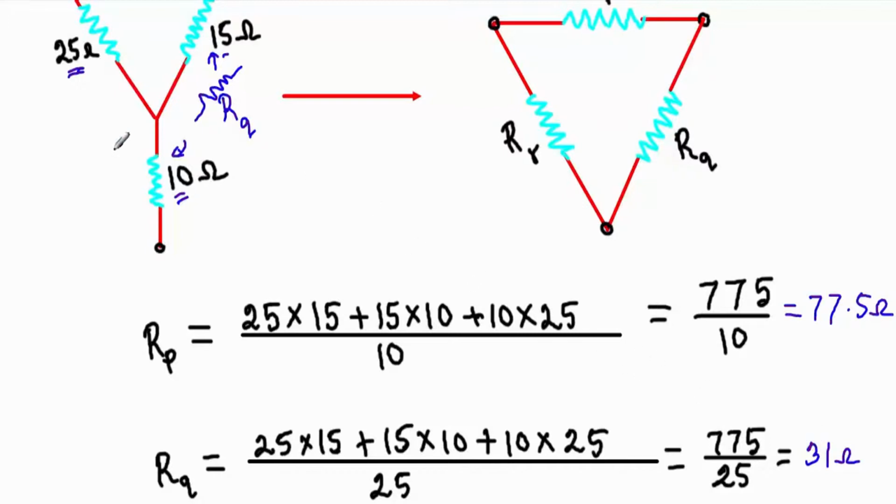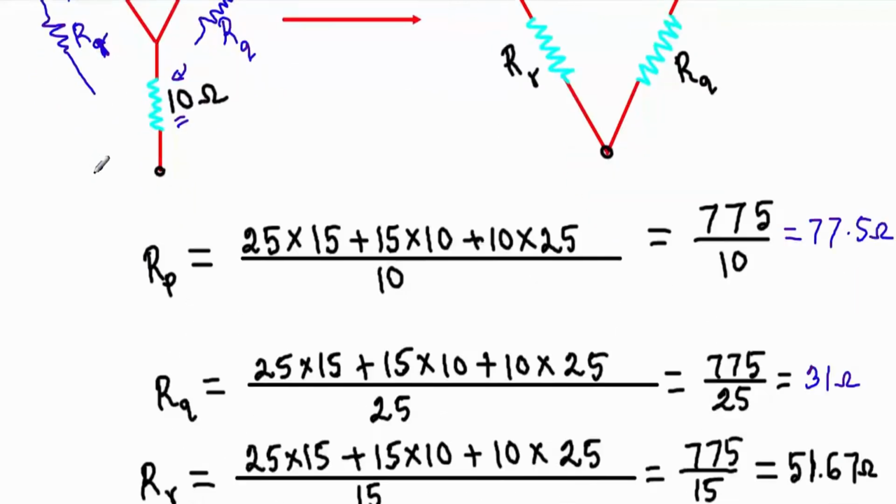After that we are left with only this resistance, and let's say this is Rr. At first I will multiply this 25 with this 15, this 15 with this 10, and this 10 with this 25.